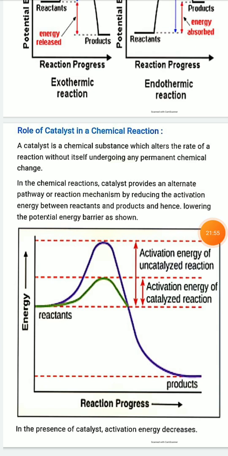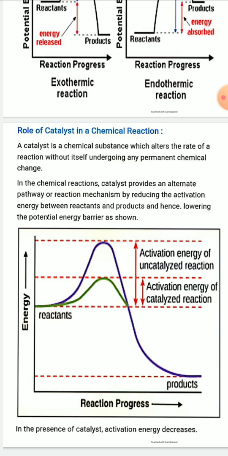Now the last point, role of catalyst in a chemical reaction. I have told that the activation energy of a chemical reaction gets affected by catalyst but does not depend on temperature, pressure, volume, etc. A catalyst is a chemical substance which alters the rate of a chemical reaction without itself undergoing any permanent chemical change.